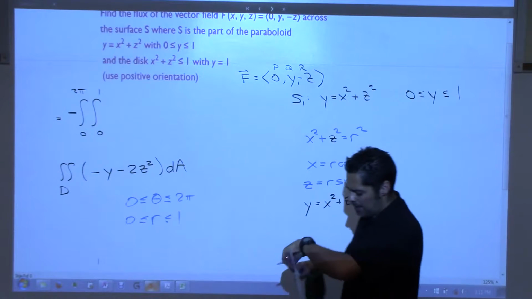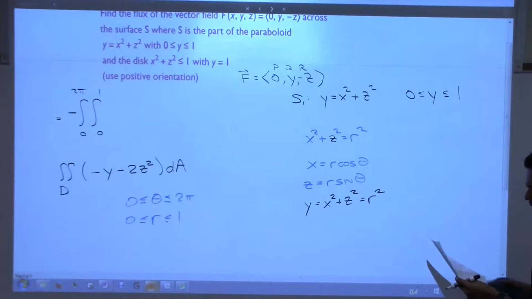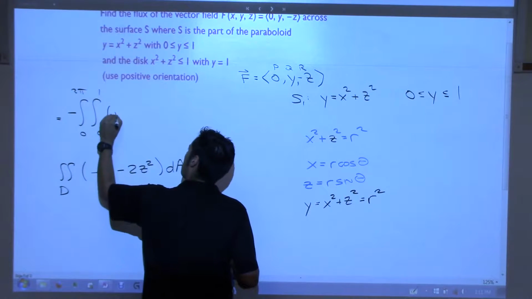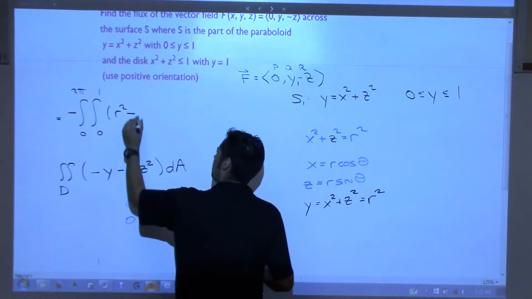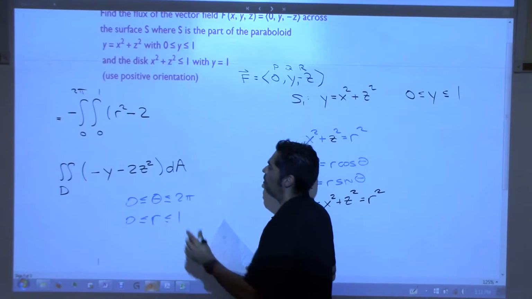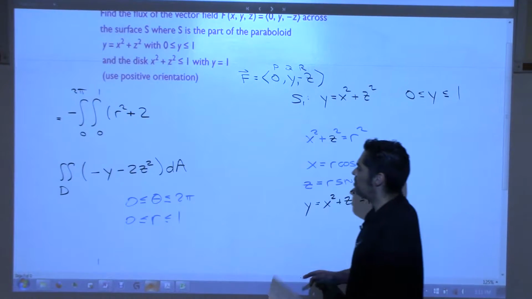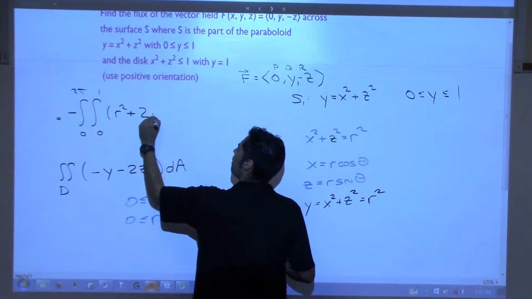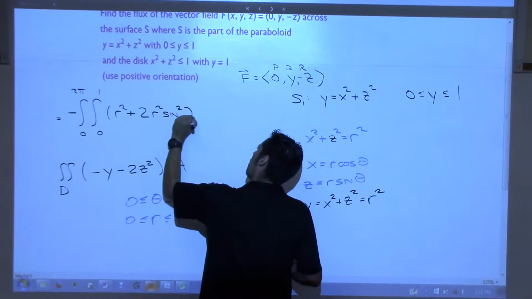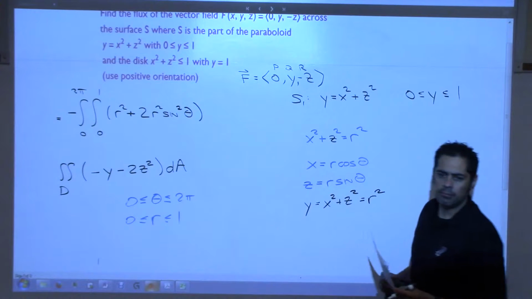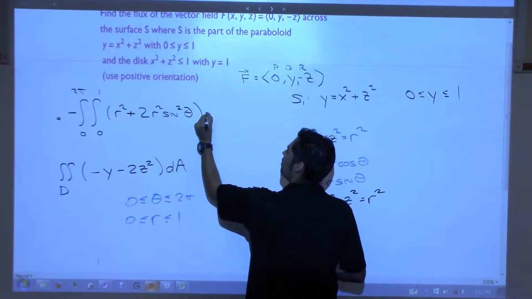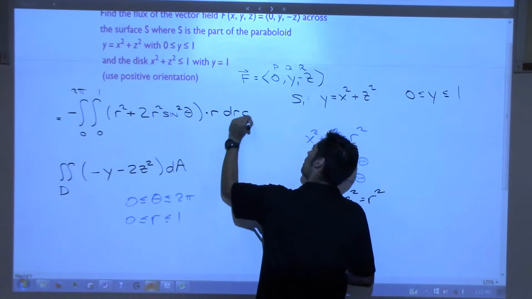And then we have y, and what's y, we said? r squared, minus 2 times, or plus, because I pulled the negative out, plus 2 times, what's z squared? Well, it's this squared, right? So r squared sine squared theta. And then r, right? We have to have r, because we went polar, dr d theta.